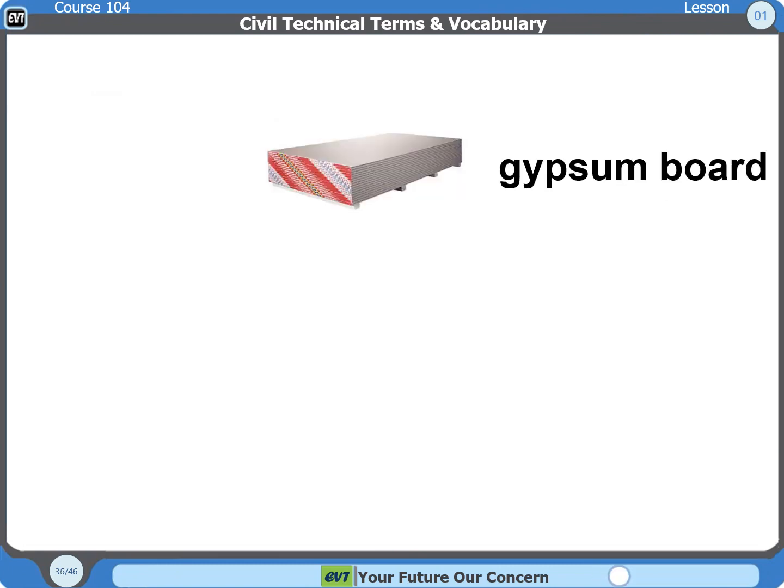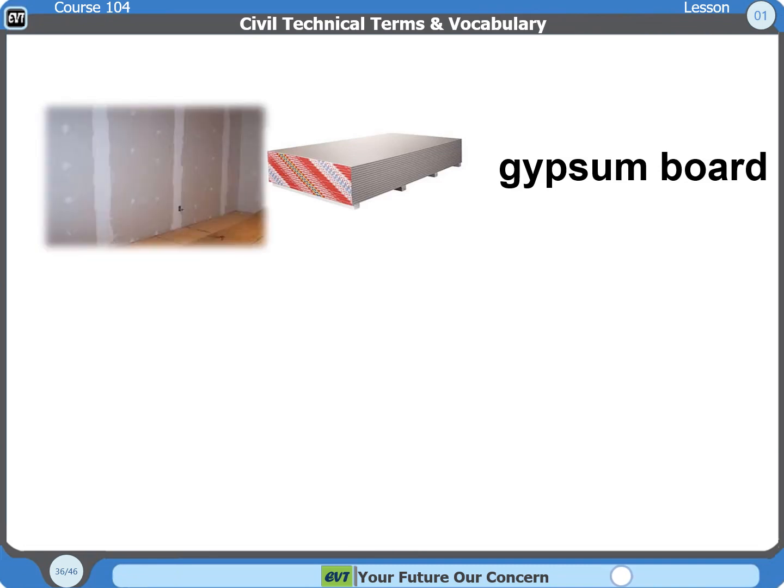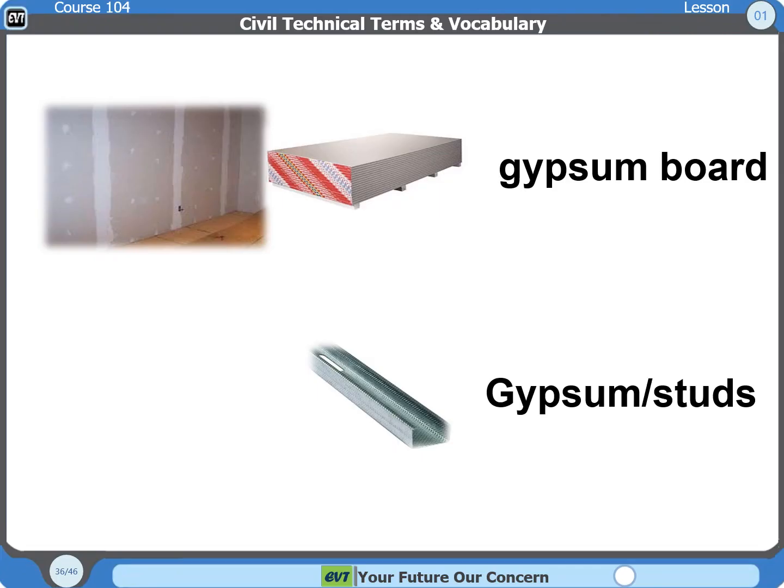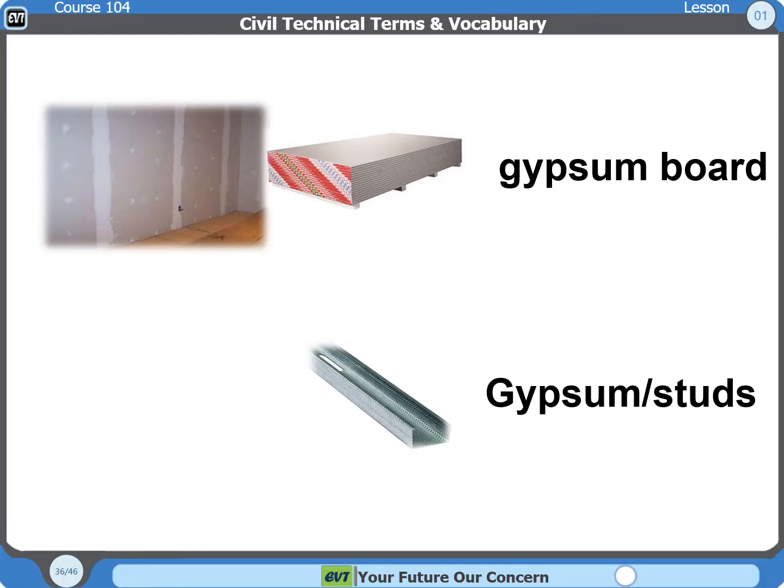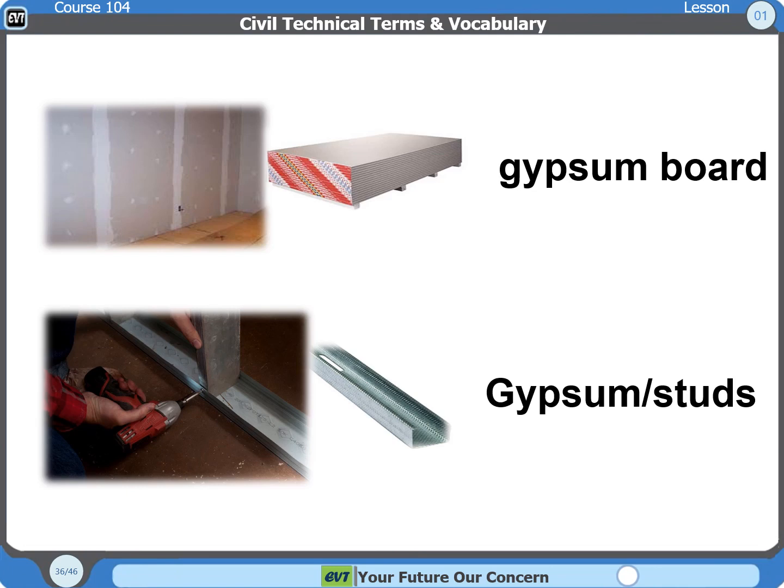We have gypsum board. Gypsum board used as a covering material for interior walls and ceilings in buildings. We have gypsum studs. Gypsum studs is a vertical profiles inserted into the runners used for fixing or partition covering gypsum boards.